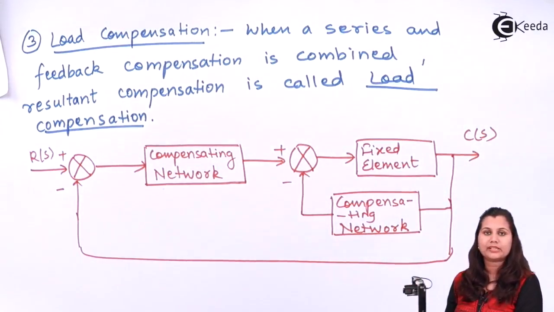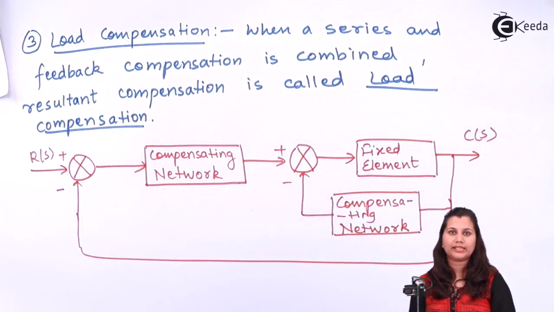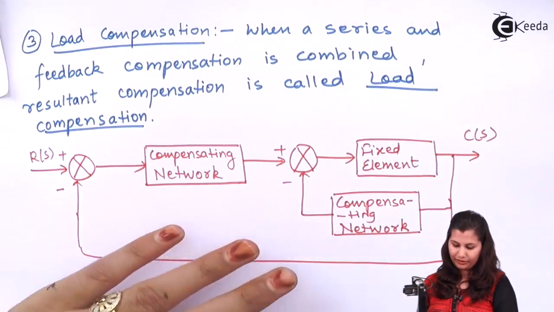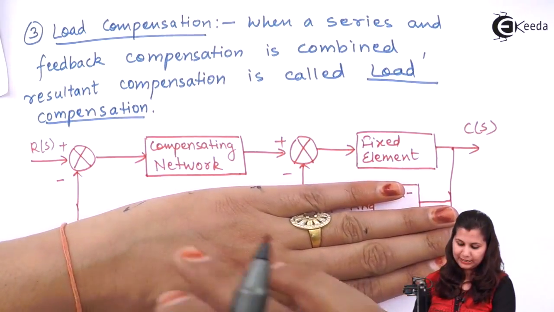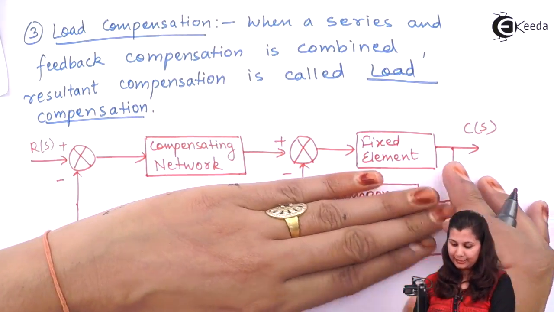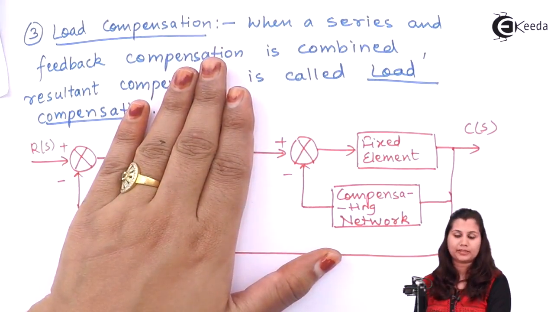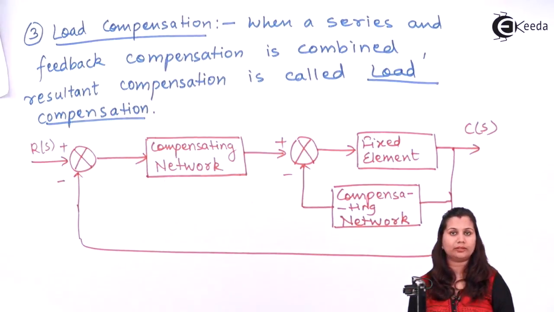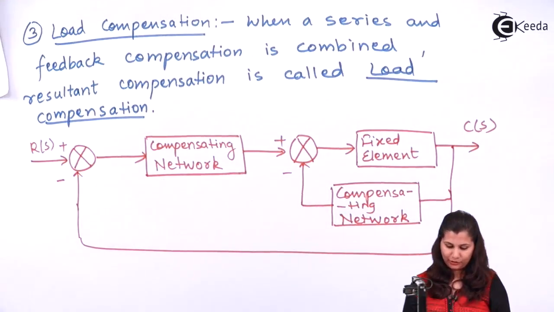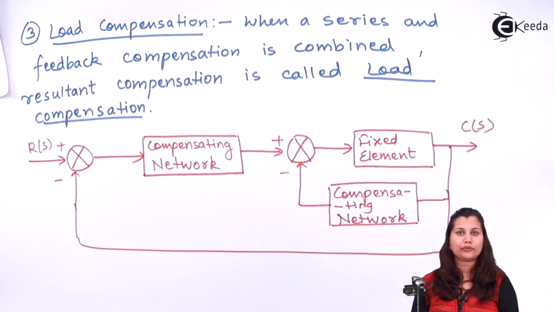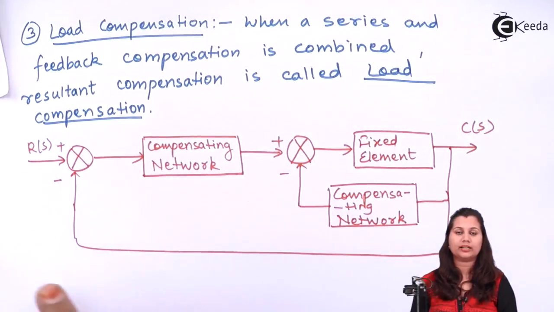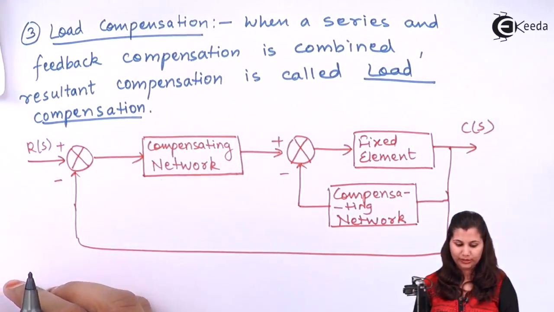If we see, this is the series compensation, and this is the feedback compensation. Combining these two, it becomes load compensation. So these are the three types of arrangements for introducing the compensating network in a control system.